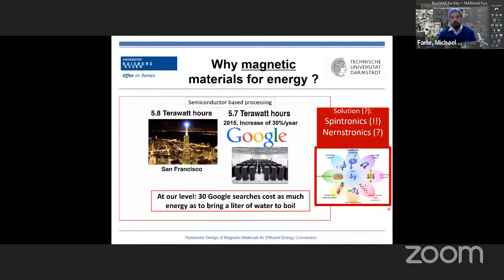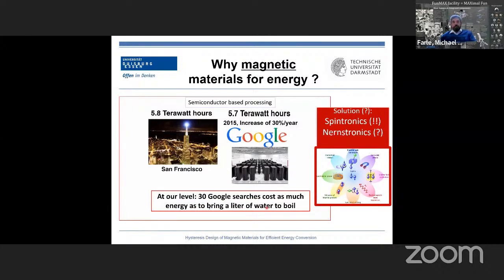Now, why do we want magnetic materials? So probably all of you know that semiconductor-based information processing costs a lot of energy. So we have these supercomputers or these data storage systems, and as one number, 30 Google searches cost as much energy as to bring 1 liter of water to boil.